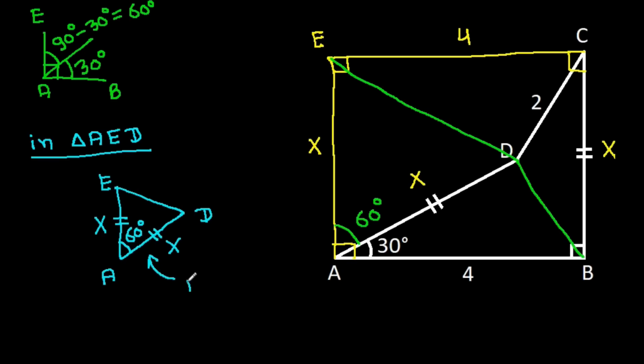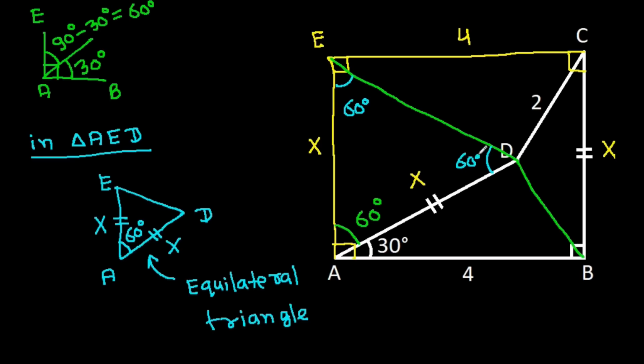That means it will be an equilateral triangle. So these two angles will be 60 degrees, and ED will also be equal to X.